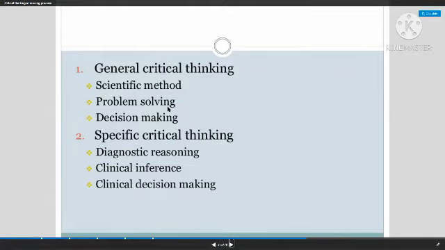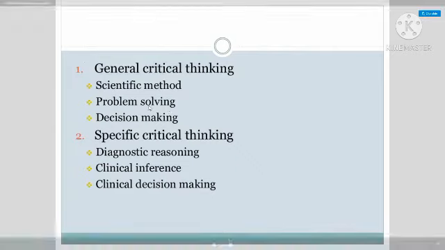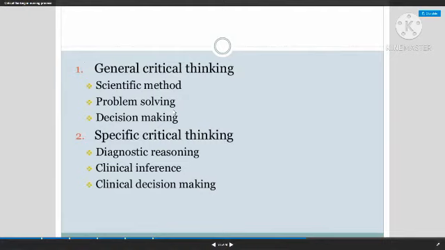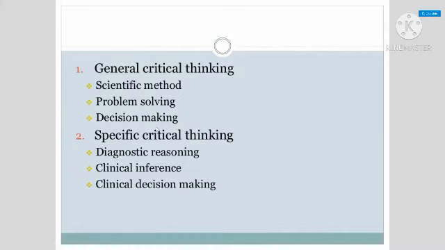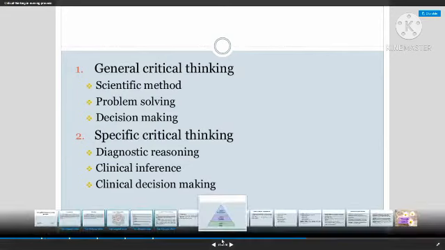Problem solving means how you are going to solve the problem. Whatever information you get, you have to use the problem solving thinking method. Then decision making: after problem solving, you come to an end of solving the problem, and you have to decide which is better. So always have options like plan A, plan B. You have to decide what is relevant for that particular patient. Then specific critical thinking includes diagnostic reasoning, clinical inference, and clinical decision making.